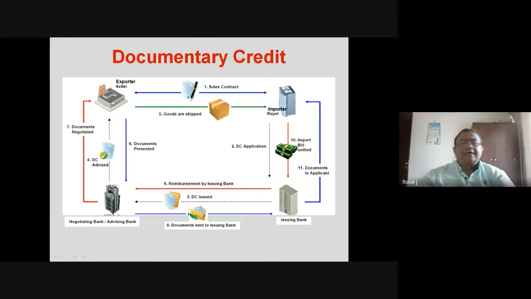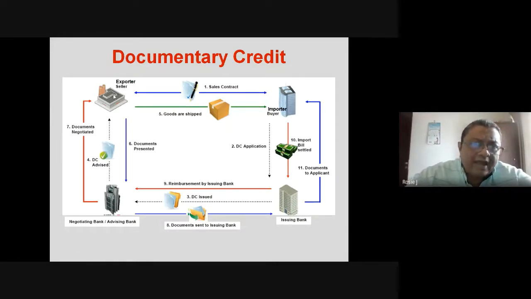When the exporter gets a message from HSBC Hong Kong that People's Bank has sent him an LC, HSBC takes the responsibility to tell the exporter that this is a genuine LC from People's Bank. We guarantee that this LC came from People's Bank. The authenticity is HSBC's responsibility.